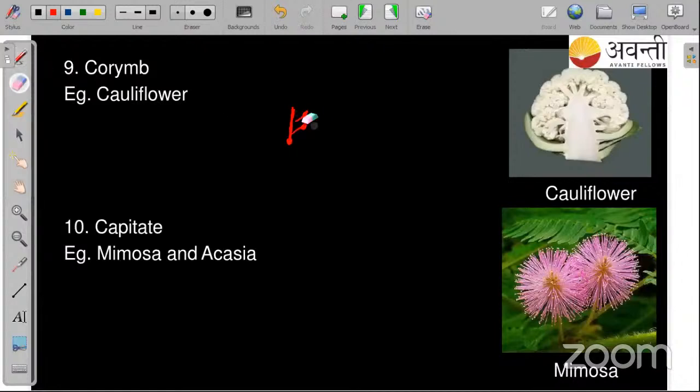It looks something like a convex shape. Here the stalk of the flower is uneven, we can say long or short, and it is arranged in such a manner that it develops a convex structure.